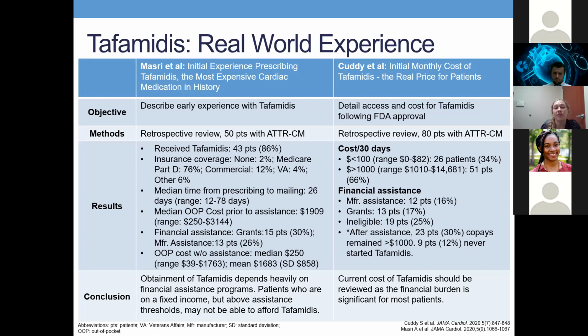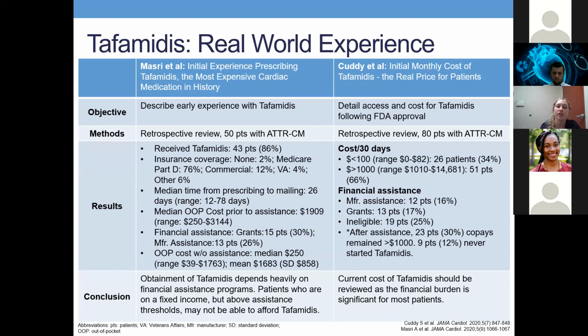And when we look more at the financial assistance piece, 15 patients or 30% of patients were able to receive grants, whereas 13 patients or 26% of patients were eligible for manufacturer's assistance. Now, those patients who received financial assistance had a $0 out-of-pocket cost, but the ones who did not qualify for assistance had a median copay of $250 per month, but again, very wide range, anywhere from $39 to $1,700 per month, and a mean of about $1,600 per month.